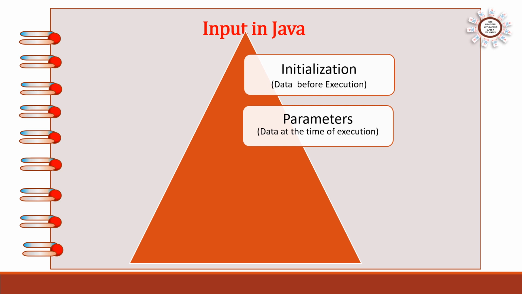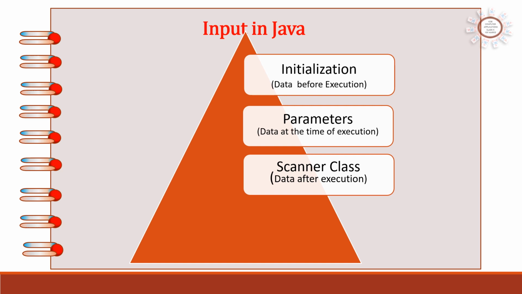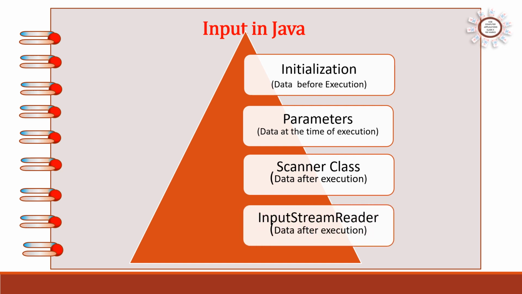And second one, parameters. In this case, the data will be given at the time of execution. For example, when we compile the program, we have to give the data whatever is used for the program. And in scanner class, after execution, scanner class and input stream, it is the same. The data will be given after execution.